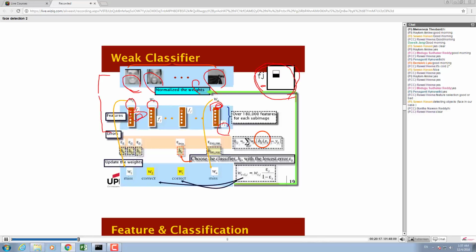Again, F means features, W means weight, and F uses index J, and W uses index I, because W has the same index as the sample; every weight corresponds to every sample. One sample, one weight. Sample is represented as symbol X. So X means one sample, and Xi means the ith sample image.